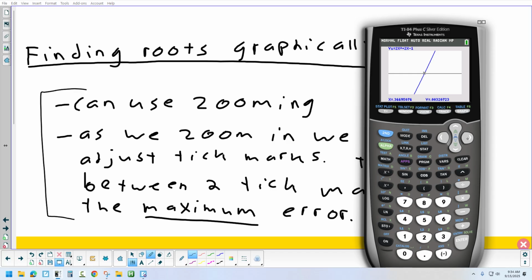That's how you have to do it if you don't have second calc. You got to keep zooming in until you get as accurate of an answer as you want. So it's getting close. 0.367, 0.365. Okay, I'm only 2 thousandths away from each other when I zoom in now. But that's going to take a while to do it that way. And if you've got 3 or 4 of them to do, now it's going to take even longer.